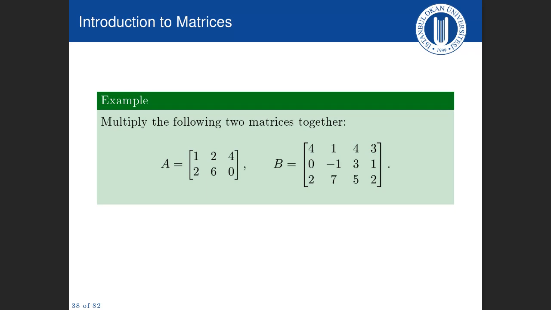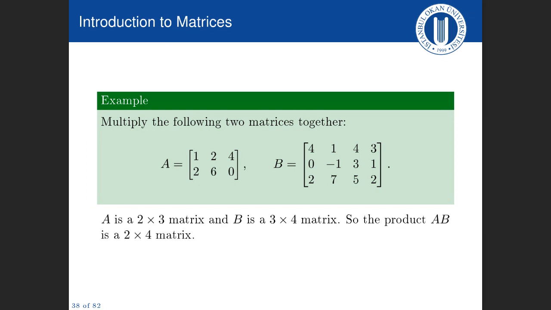Multiply the following 2 matrices together. A is a 2 by 3 matrix, 1, 2, 4, 2, 6, 0, and B is a 3 by 4 matrix, 4, 1, 4, 3, 0, minus 1, 3, 1, 2, 7, 5, 2. Because we have a 2 by 3 matrix and a 3 by 4 matrix, these numbers are the same, 3 and 3.